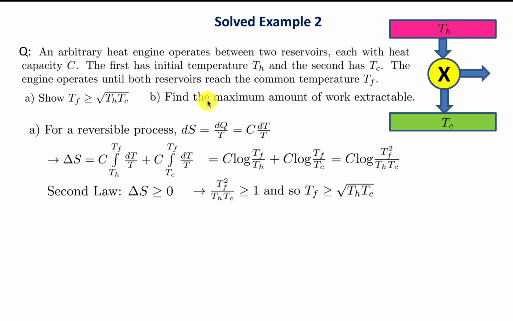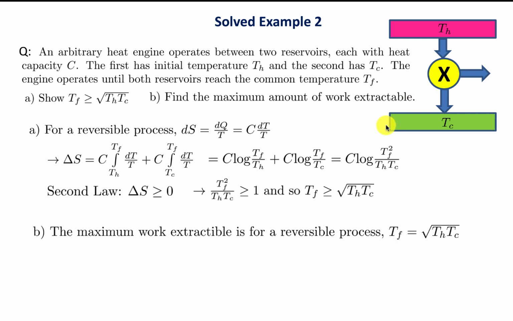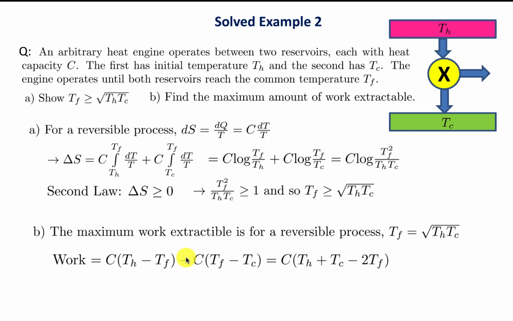Finally, let's find the maximum amount of work that can be extracted. That happens for a reversible process, in which case TF is equal to this. Of course, then we simply use the first law. The work that comes out from here will be equal to the total heat absorbed minus the total heat that's rejected.